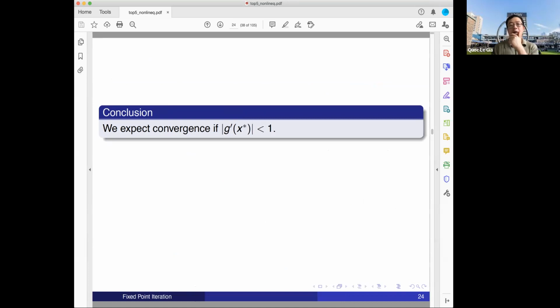You see that if g equals e to the x, then x star is, in the previous problem, well, e to the x and x don't cut each other. But take e to the minus x, and if you put in e to the minus 0.5, then the absolute value will be less than 1. So the first example converges.